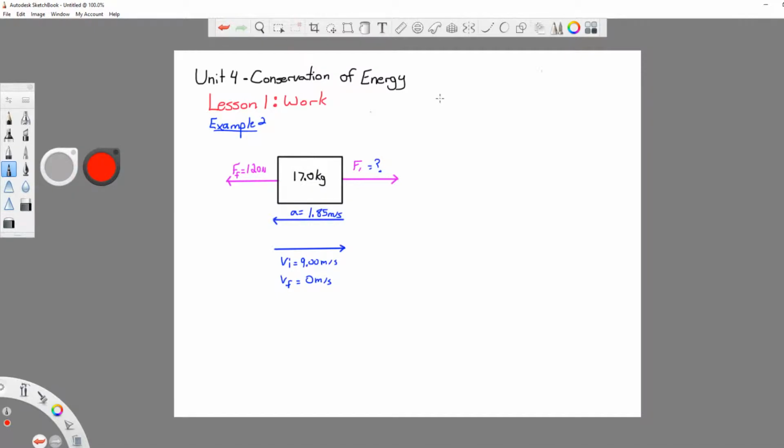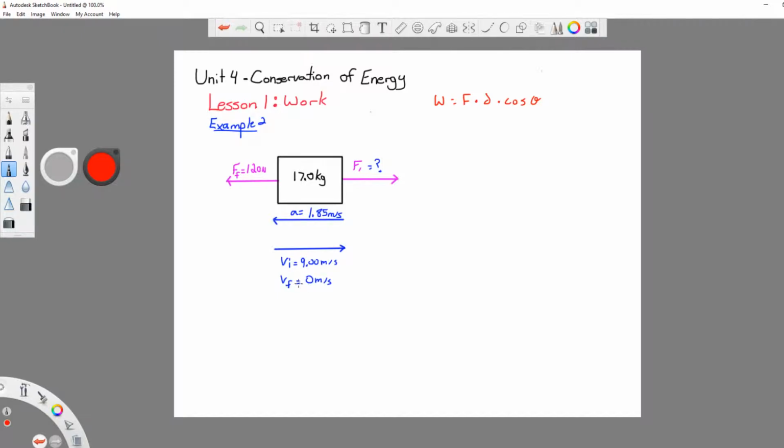I'm just going to start with this work formula here, and I'm going to say work is equal to force times distance times the cosine of theta. Right off the bat here, I'm going to get rid of this cos theta because what do we have?